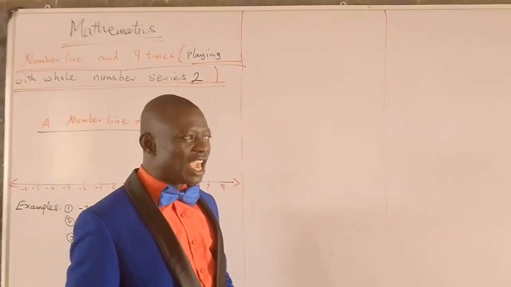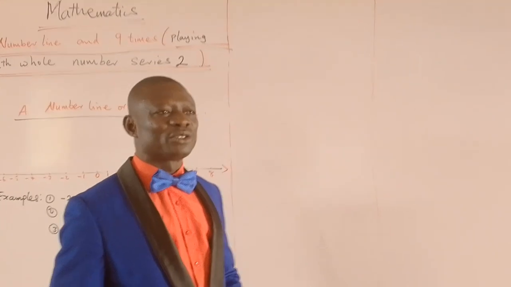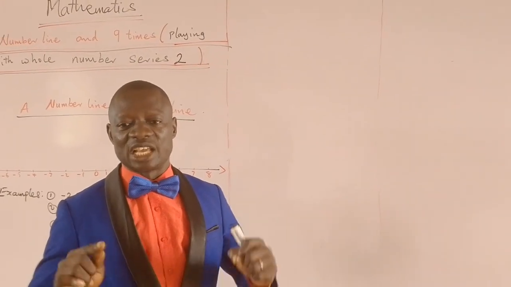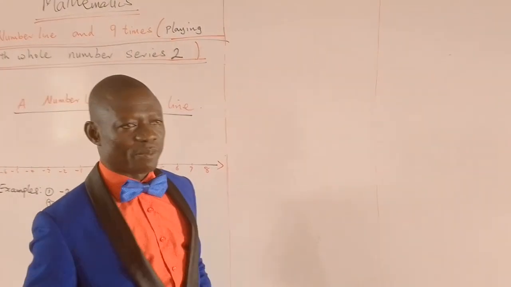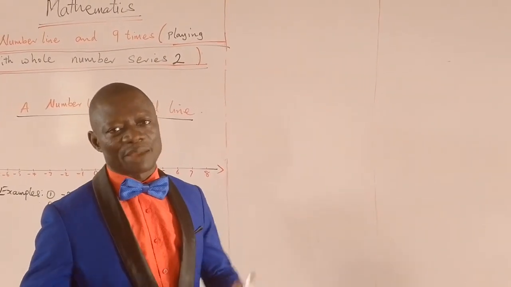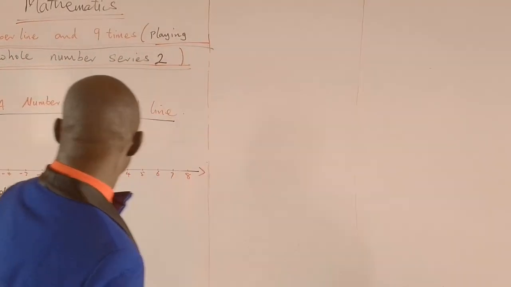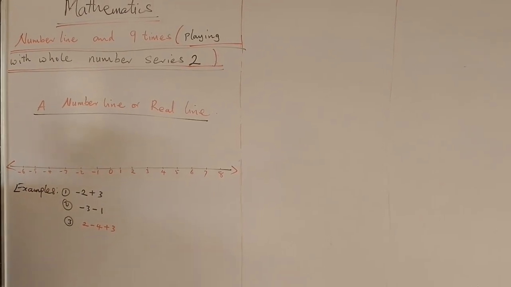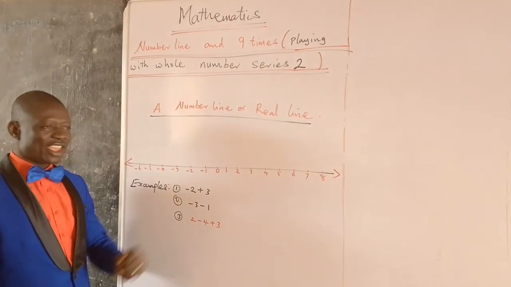Today, in playing with whole numbers 2, we are going to talk about when we have an addition sign between negative numbers or positive numbers. Assuming we have a question given to us, like this number 1, and we have it as minus 2 plus 3.